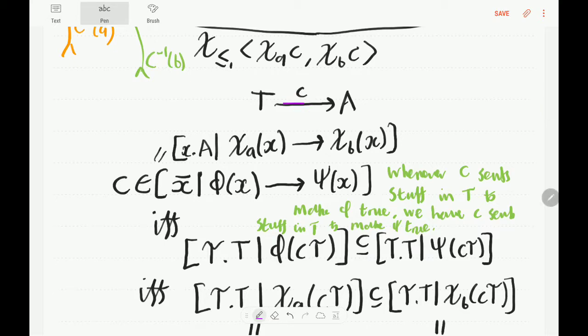Now, an alternative way to think about this, let's write our formula with some kind of free variables in them. So these two are the same things.